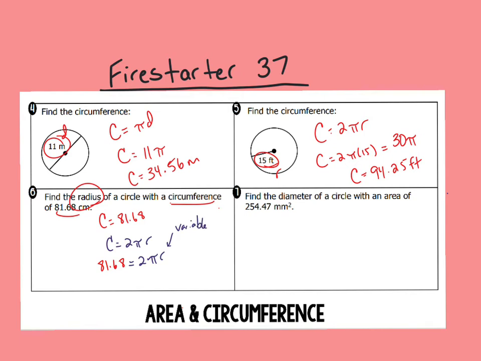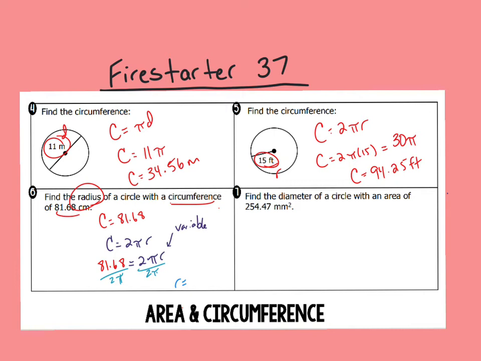Remember, pi is just a number, so all I'm going to do to make the pi go away is divide by 2 pi. So in my calculator, to find r, all I have to do is 81.68 divided by 2 pi. Make sure you put 2 pi in parentheses.